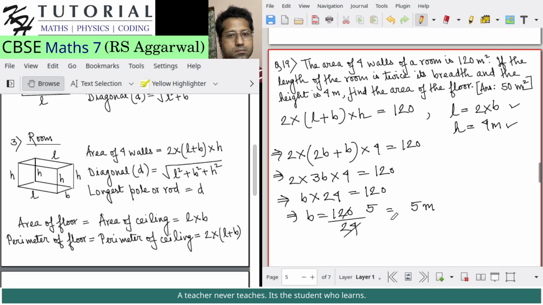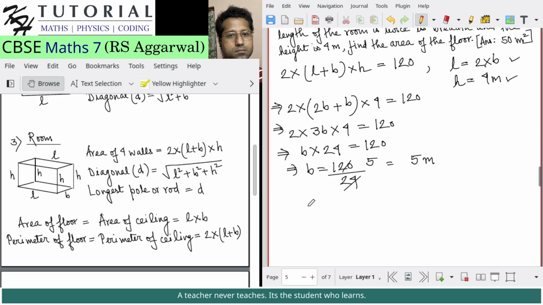Find the area of the floor. So the problem is asking to find the area of the floor. Area of floor in a room is equal to length into breadth. If breadth is 5 meter, what will be the length?